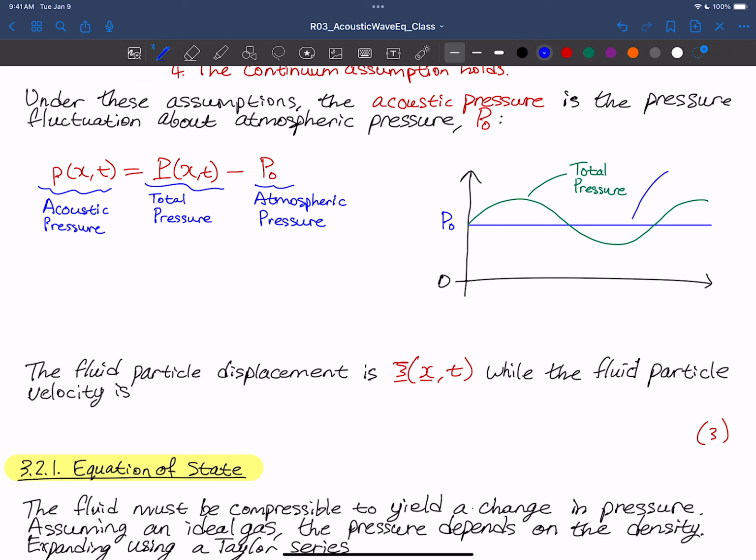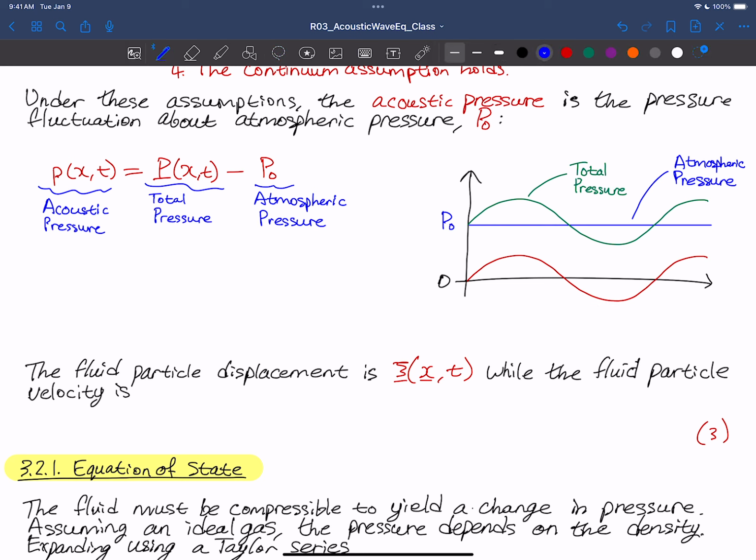I'm just going to duplicate that green line and change the color. Let's make it red.